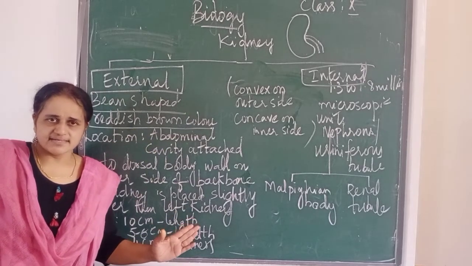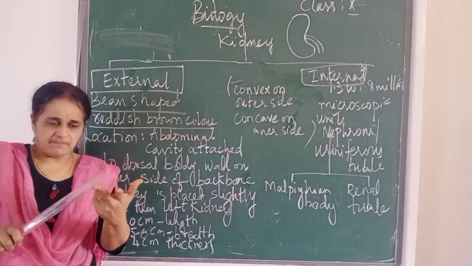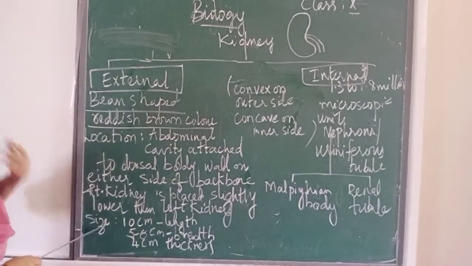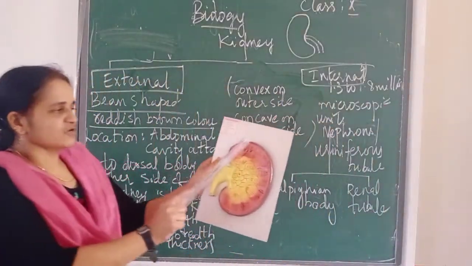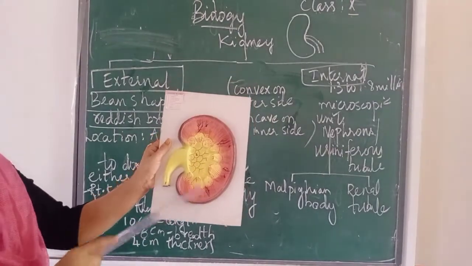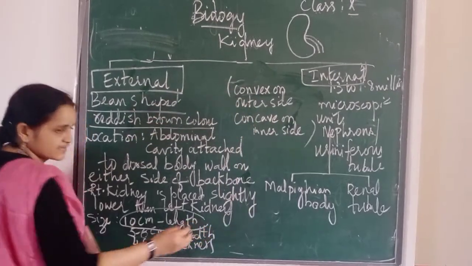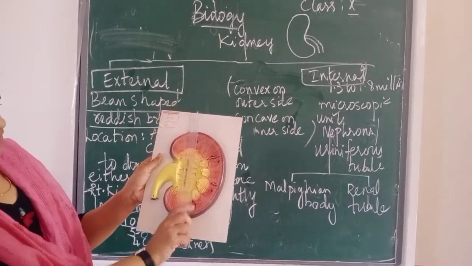So external characters are clear: location, size, shape, color. Now we will go to the size. Let us see the size of this kidney. Size of our human kidney is 10 centimeter in length. So when I say length, this is the length, top to bottom.